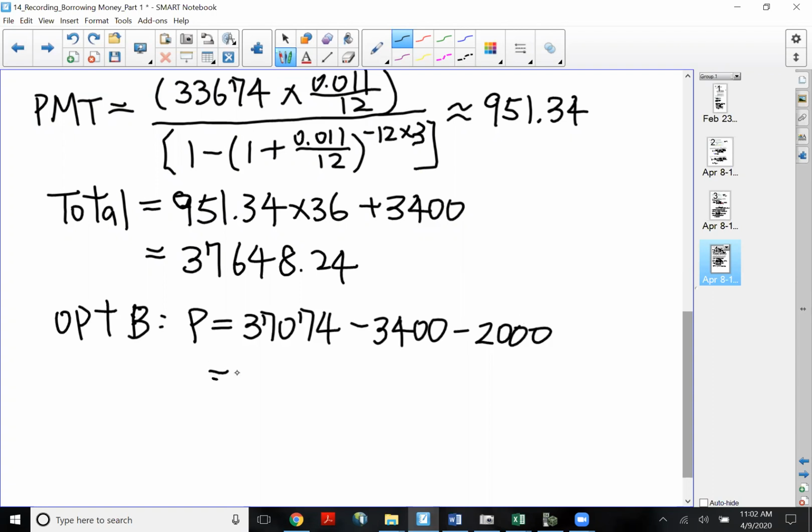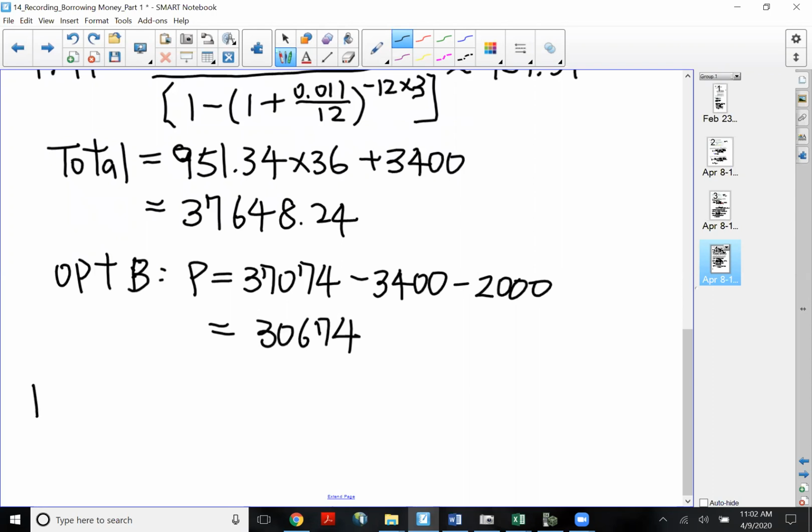So she will only finance $30,674. She financed a little less money compared to option A, but option B has a higher APR. So let's see.